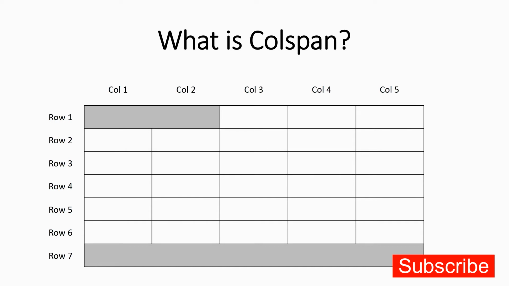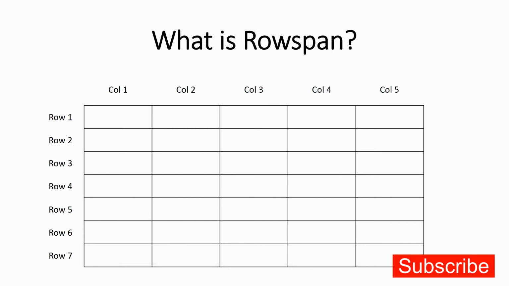Now if we talk about rowspan, what exactly is a rowspan? A rowspan is used when we have to merge the rows. For example, take this particular example. Over here you can see that rows 1, 2, 3 and 4 are merged, and one more over here, rows 6 and 7 are merged, in the fifth column.